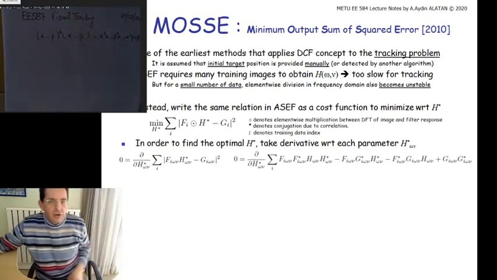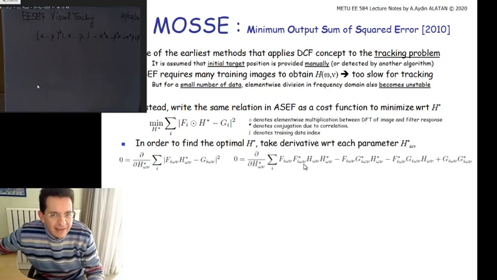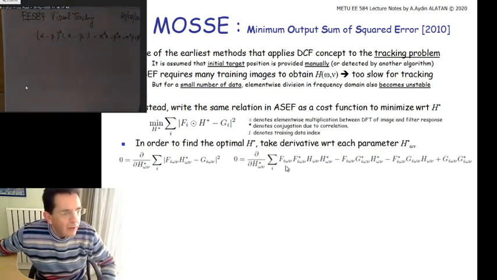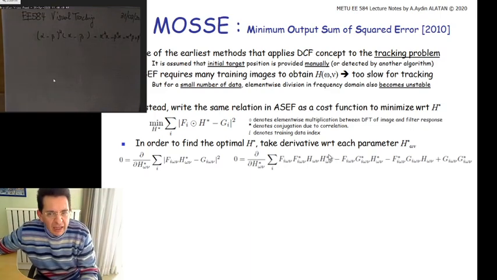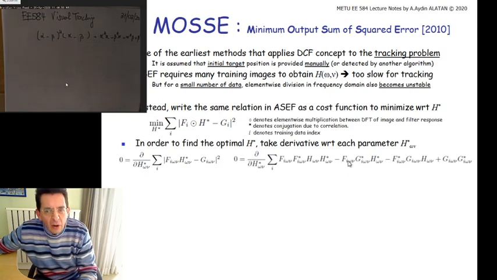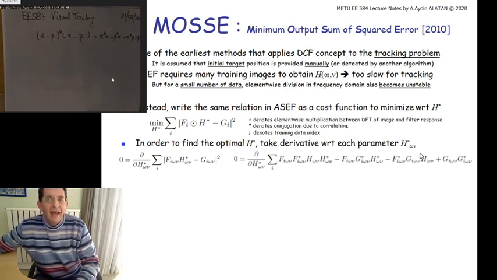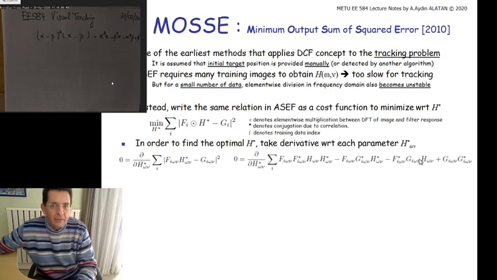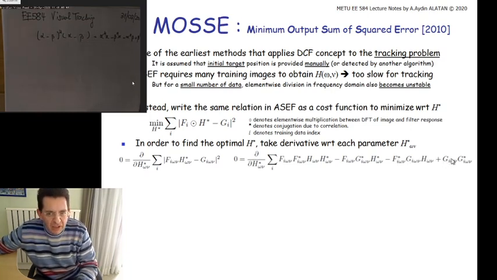If you take the derivative with respect to one of them, which is h, you will see that, for example, that term will bring these three guys here. Those two guys will be here. In order to take it with respect to h conjugate, you have to take the first conjugate and another conjugate, and you will have f g conjugate from that one, and finally that will be 0.